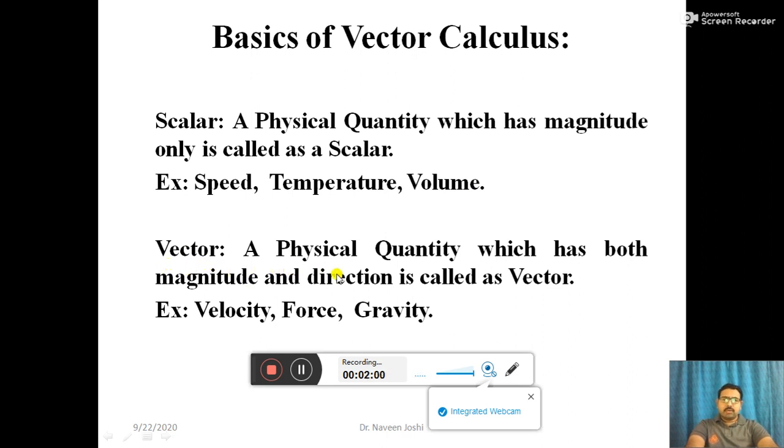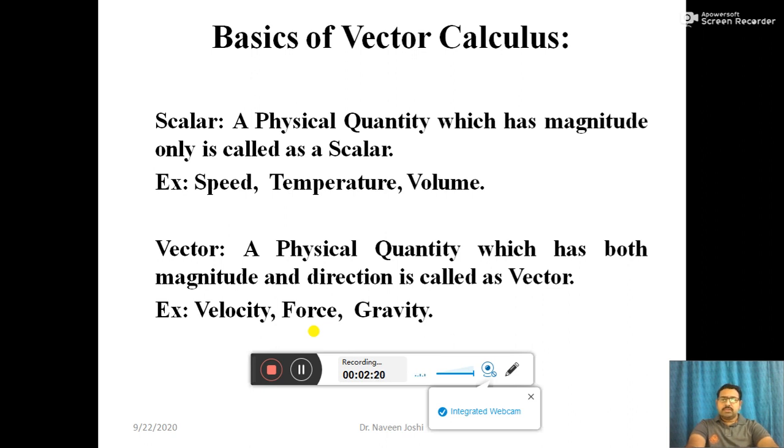A physical quantity which has both magnitude and direction is called a vector. Examples: velocity, force, gravity. If you consider force, to move an object from one place to another place, you need to apply some external force.